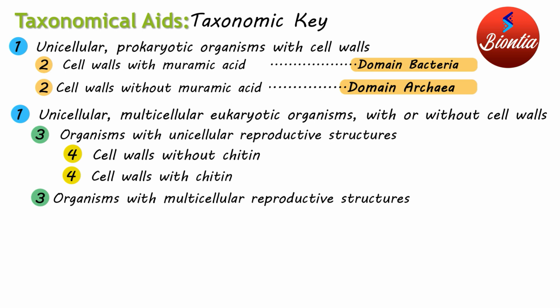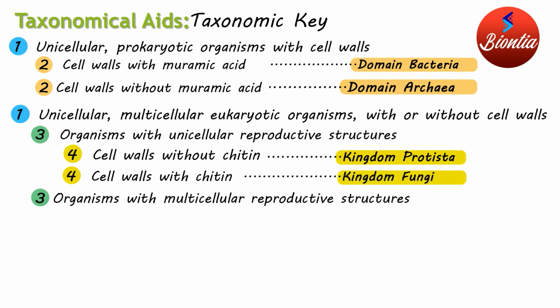Suppose the first statement of the fourth couplet is applicable, that is cell walls without chitin, then obviously his specimen belongs to kingdom Protista. Now suppose the second statement of the fourth couplet is applicable, that is cell walls with chitin, then the specimen belongs to kingdom Fungi, since fungi have chitin in their cell wall.